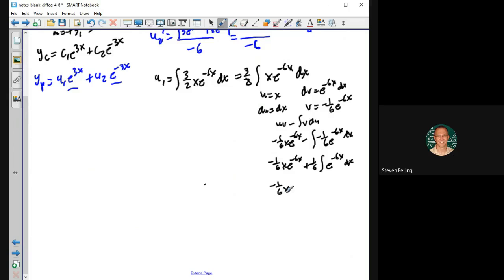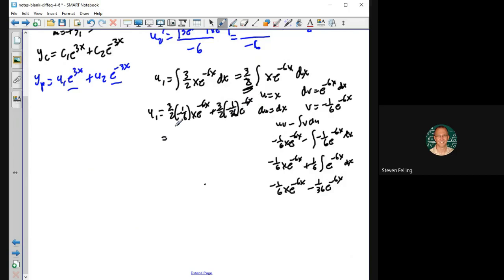So this ends up being, let's see, when we divide again by this 6 and negative 6, we're going to get negative 1/36 e to the negative 6x. And then all of that is times this 3 halves. So u1 is equal to, let's see, 3 halves times negative 1/6 times x e to the negative 6x, and then I've got plus 3 halves times a negative 1/36, and then just e to the negative 6x.